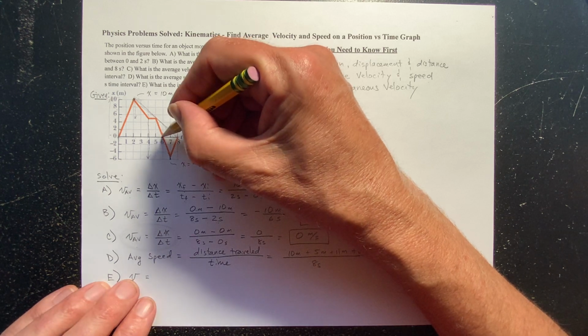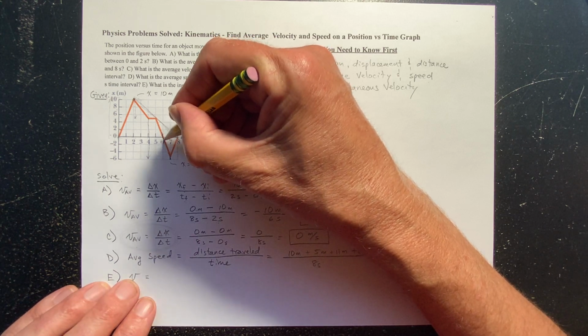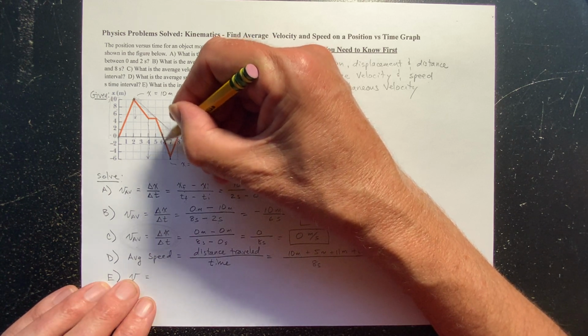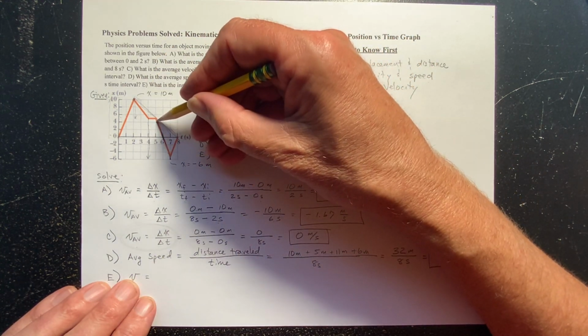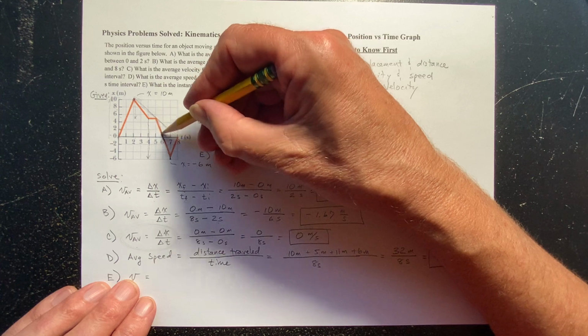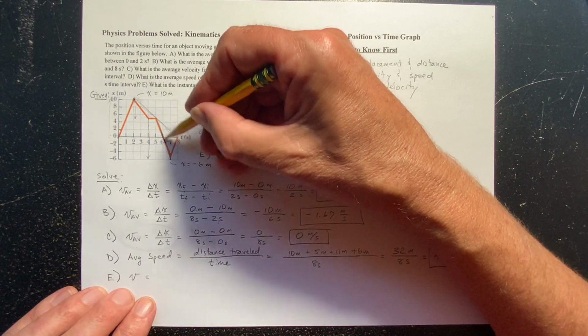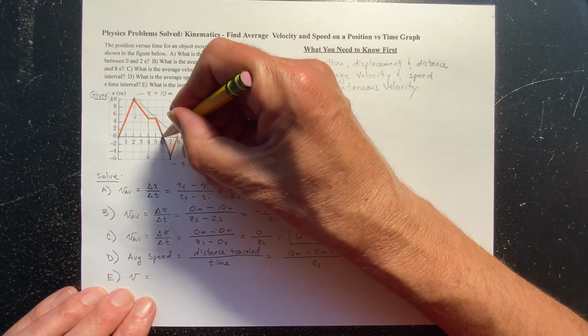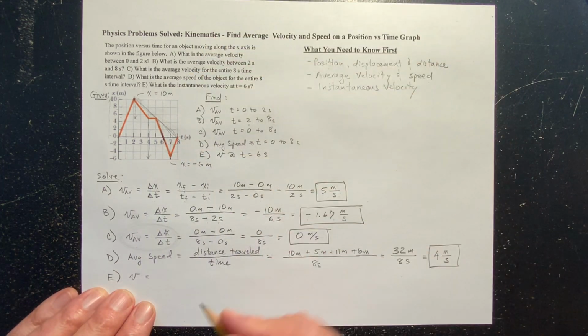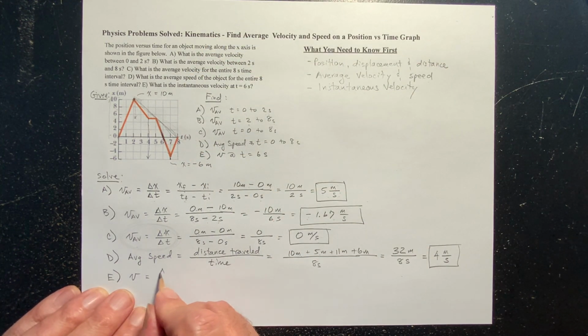the instantaneous velocity is the slope right there. What is the slope of the line right here? Now, luckily, this is a straight line through here. So if I can figure out what the slope of that straight line is, I'll have how fast we're going at that instant at 6 seconds. So I will go delta x over delta t.